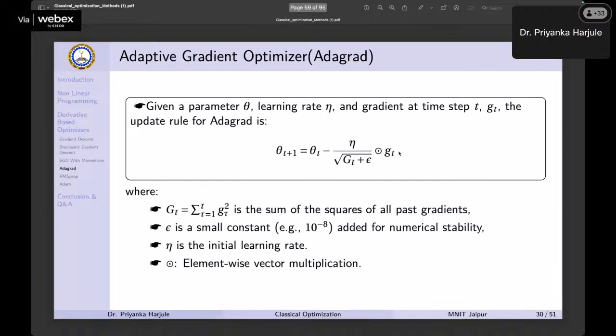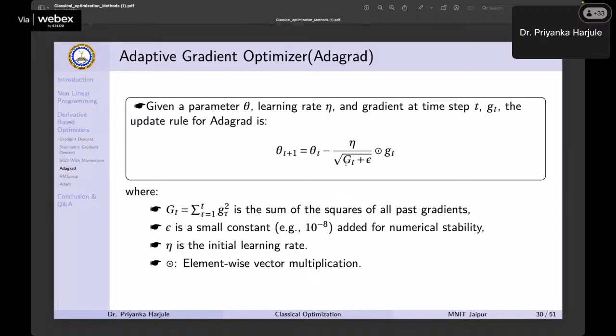Let us see. Here theta t is the parameter at the time step t. Eta is the initial learning rate, as we have already seen in the case of SGDs. The small gt is the gradient at time step t. This dot is the element-wise multiplication, and this entire term is the adjusted learning rate for each parameter based on the past gradients.